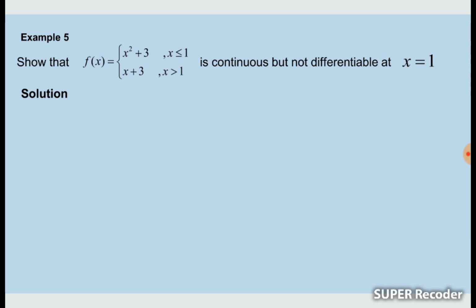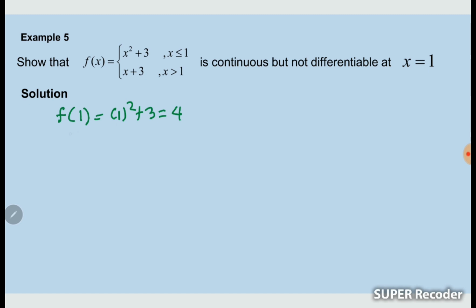So to show that the function is continuous, like you have learned in the chapter on limits, you have to show three things. The first one is, what is f(1)? When x equals to 1, f equals 1 squared plus 3, that is 4.